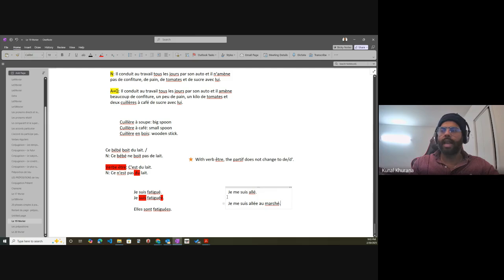Why is she adding an extra e here? Because of être. So être is a bit special. We will do this passé composé. When we do passé composé, there are 16 verbs that we conjugate with the auxiliary être, and then we have to be careful with the concordance. How do we do that?